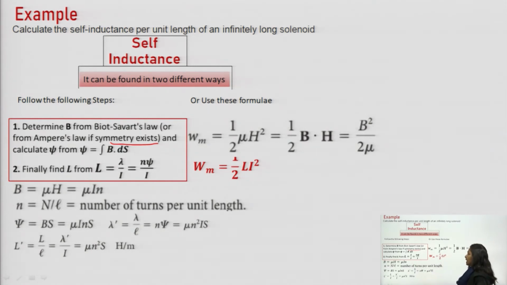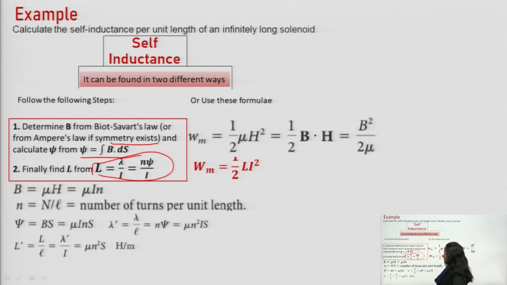Finally, once we have the B value or H value, we can find the value of phi, that is the flux, with the help of the B dot ds formula. Once we have the value of phi, we can find inductance from the formula which says that inductance is equal to total flux linkage divided by total current.